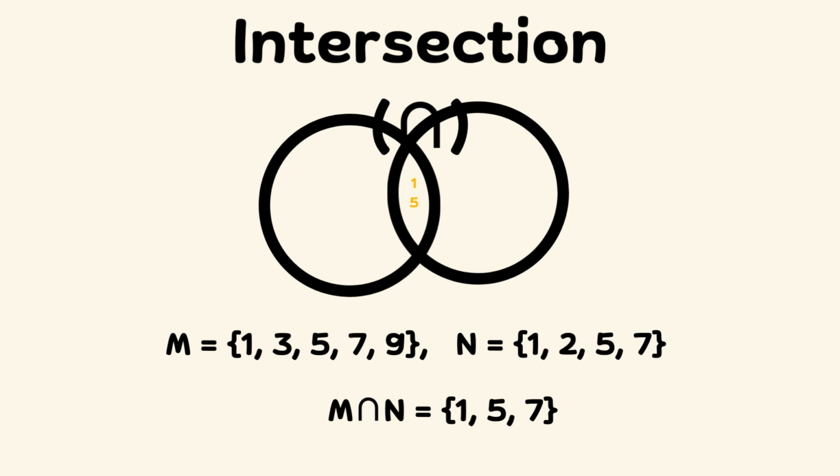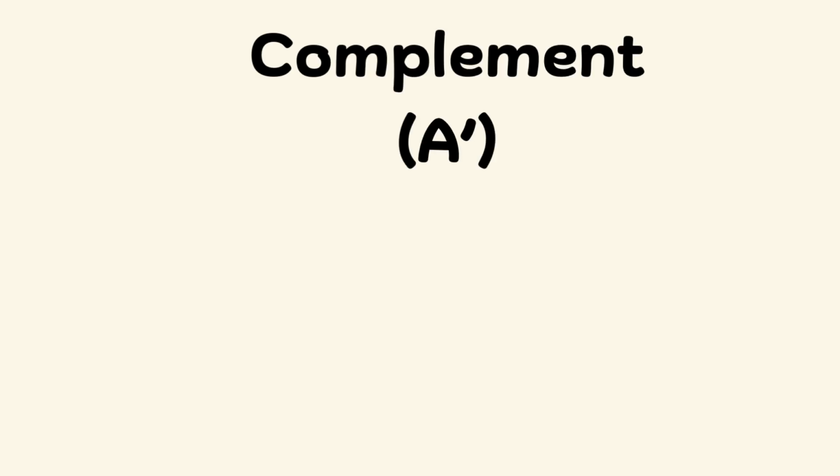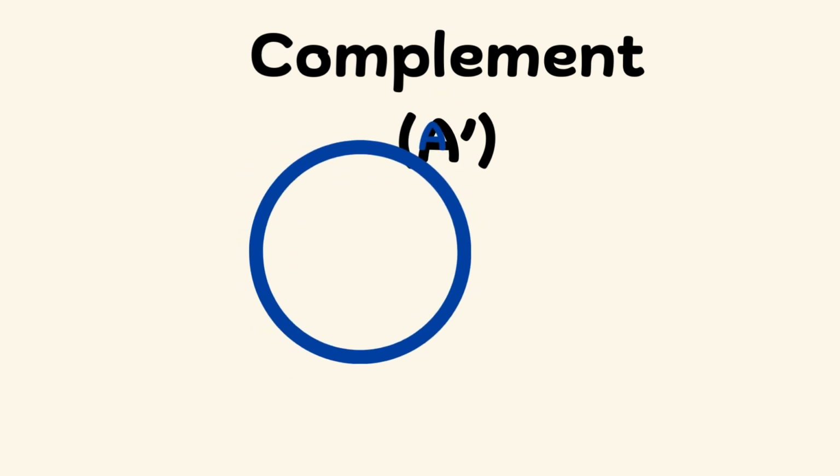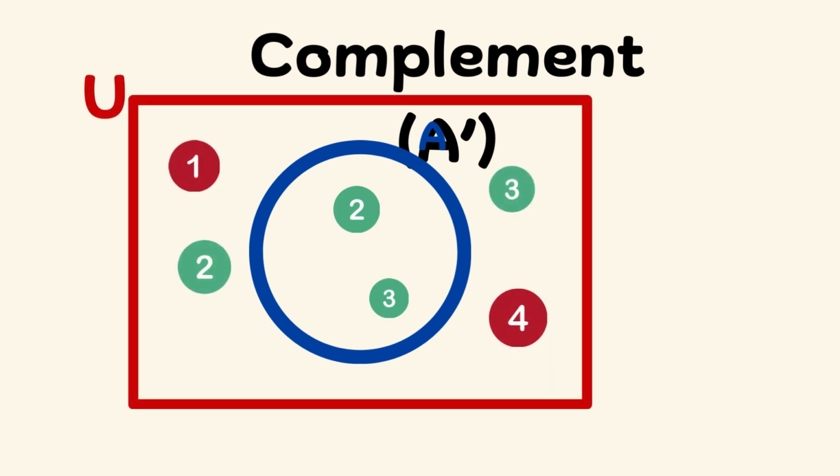So finally, let's talk about complement of sets. The complement of a set A is the set of elements which do not belong to set A but are present in the universal set.